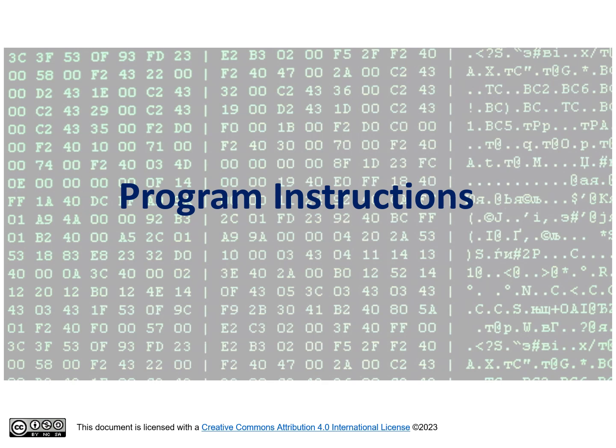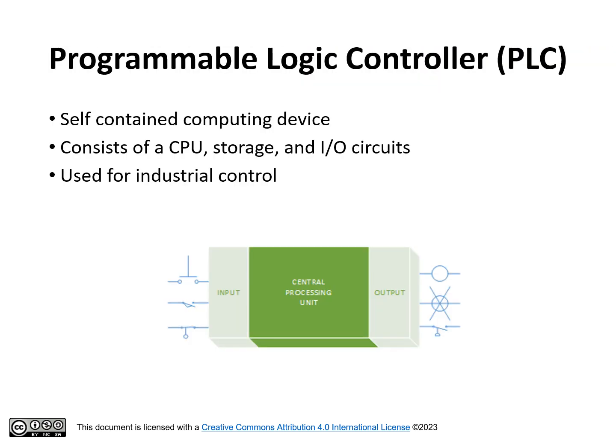Next, we look into program instructions. A programmable logic controller, PLC, is shown in the figure and consists of a CPU, a storage space, and input-output circuits. It is a self-contained computing device that is geared mostly for industrial control.